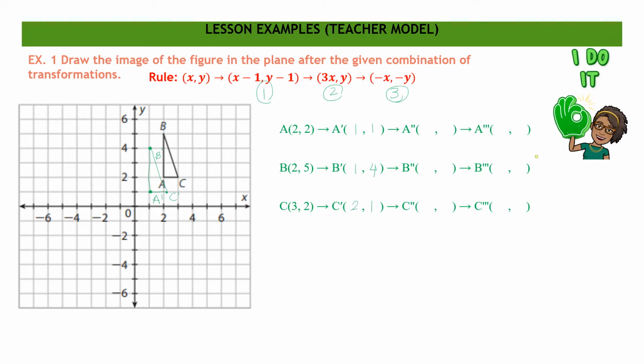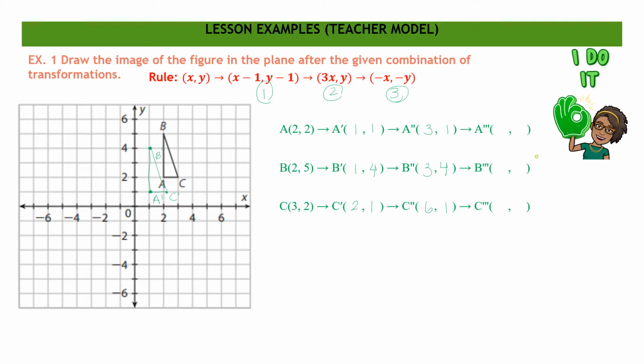The second transformation that we see is a dilation. We know it's a dilation because there is some factor being multiplied by the x coordinate. It's telling us to take all of our x coordinates and multiply them by 3, and our y coordinates remain the same. So we have 1 times 3 is 3, 1 times 3 again is 3, and 2 times 3 gives us 6.